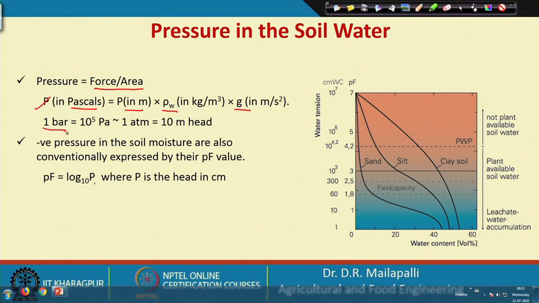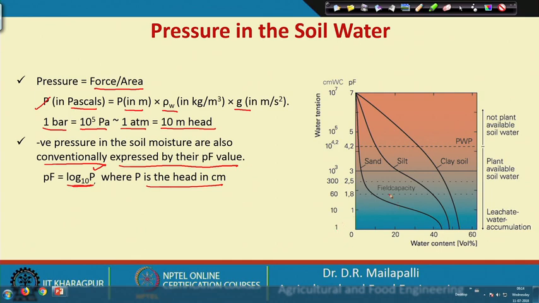Pressure is also expressed in bar. 1 bar is equal to 10 power 5 pascals, which is approximately equal to 1 atmosphere or 10 meters head of water. The negative pressure in the soil moisture is conventionally expressed by the Pf value. The Pf is the logarithm of the head P, where head is in centimeters.